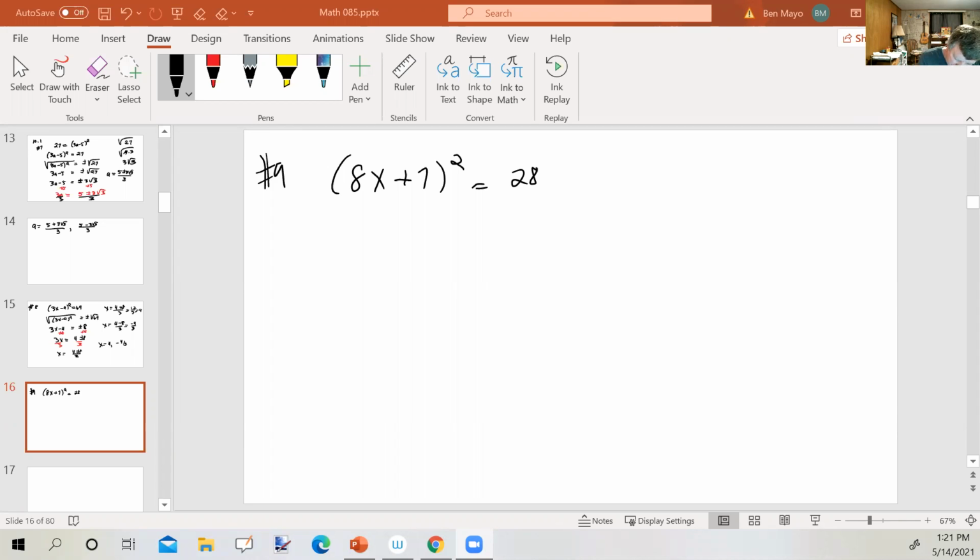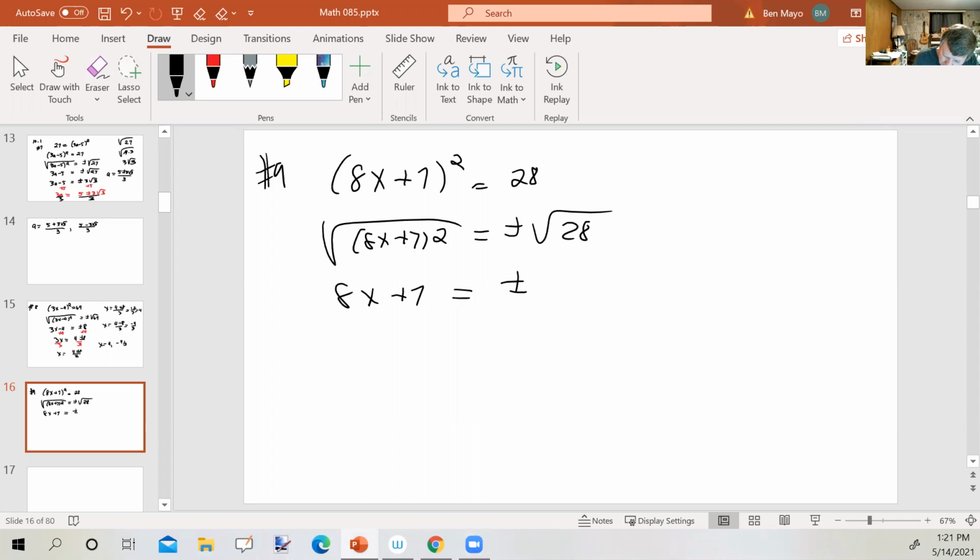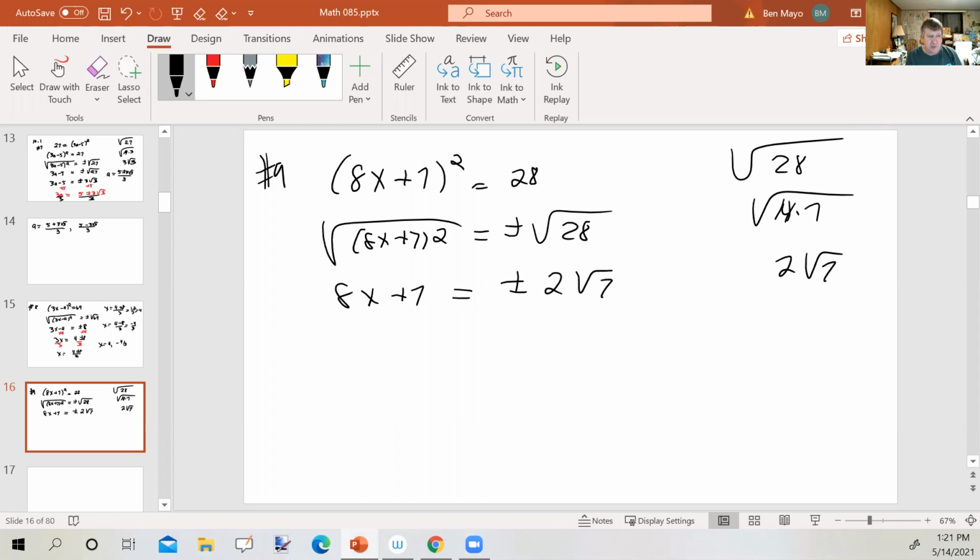So we'll take the square root of the left side equals plus or minus the square root of the right side. So I get 8x plus 7 equals plus or minus, but the square root of 28 is the square root of 4 times 7. The square root of 4 is 2, so 2 square roots of 7. So I get 8x plus 7 equals plus or minus 2 square roots of 7.